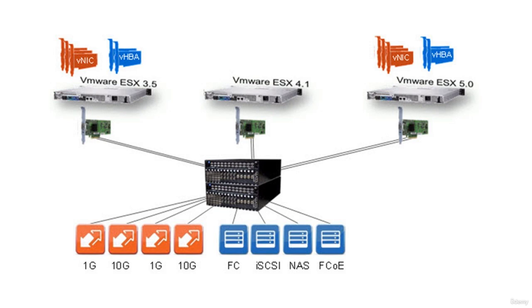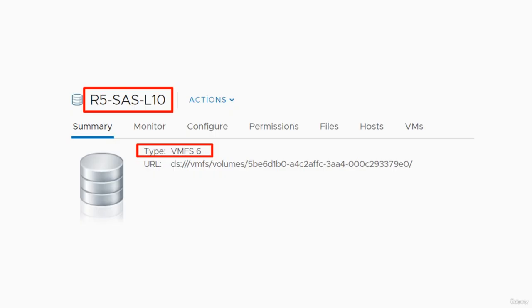Support of the GPT partition layout was then added, so both GPT and MBR are supported. The previous VMFS versions support only the MBR. VMFS 6 was released in vSphere 6.5, and you'll see it in use in vSphere 6.7, vSphere 7.0, and newer versions such as vSphere 7.0 Update 3.